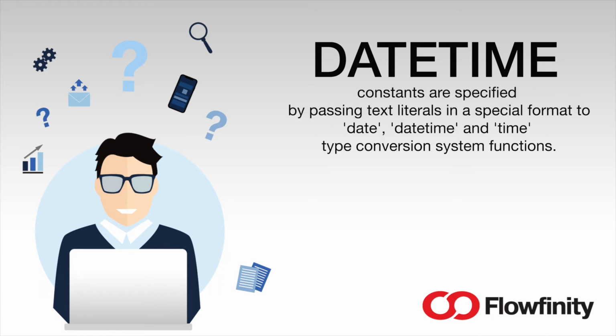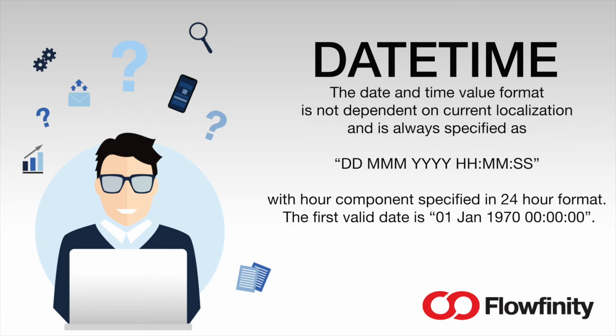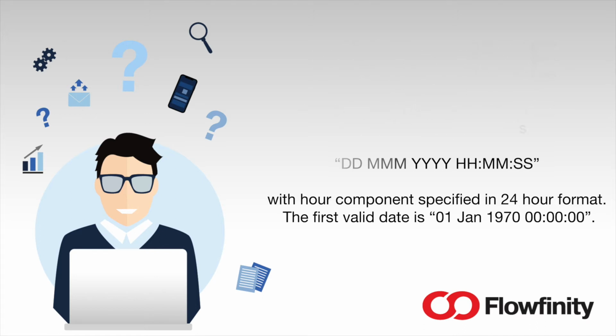Datetime constants are specified by passing text literals in a special format to date, datetime, and time-type conversion system functions. The date and time value format is not dependent on current localization and is always specified as day, month, hours, minutes, seconds, with hour components specified in 24-hour format. The first valid date is midnight on the 1st of January, 1970.